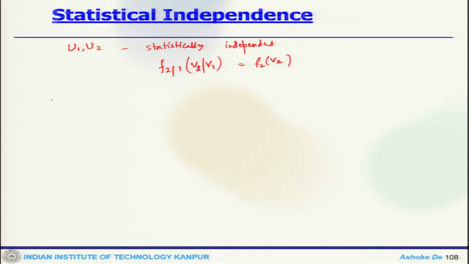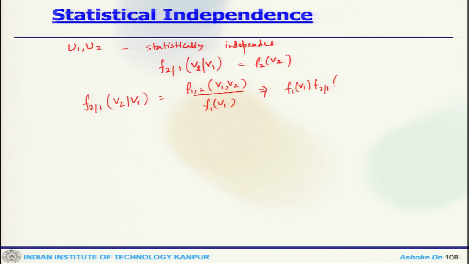Bayes theorem gives us f conditioned at V1 equals f12(V1, V2) by f1(V1), so f1(V1) f21(V2|V1) is f12(V1, V2).